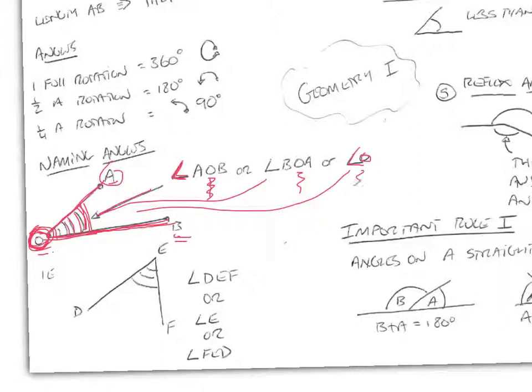It's a simpler way, the third way. Similarly, we have DE joined to EF at E, and that creates an angle here that's known as the angle DEF, or the angle E, or the angle FED.